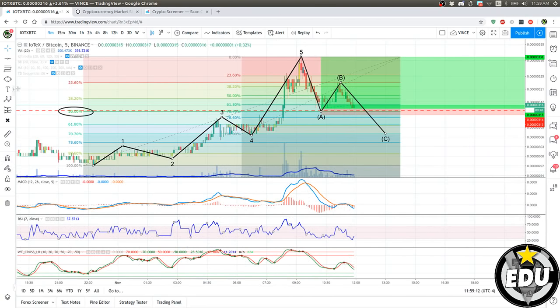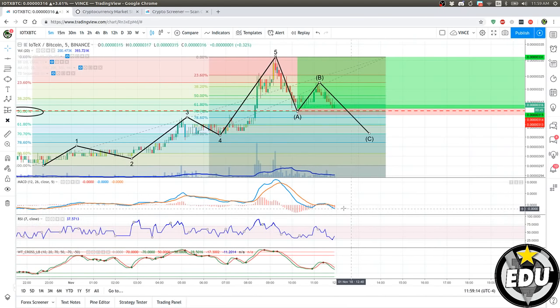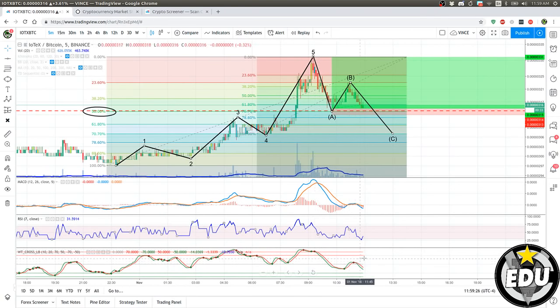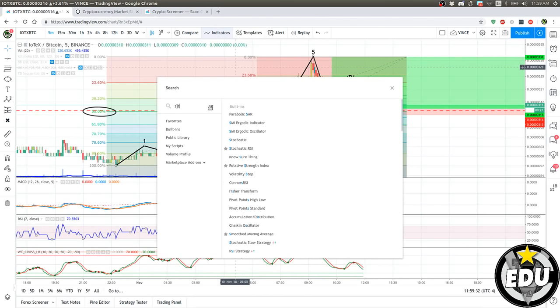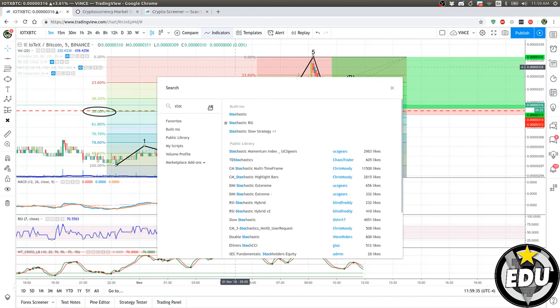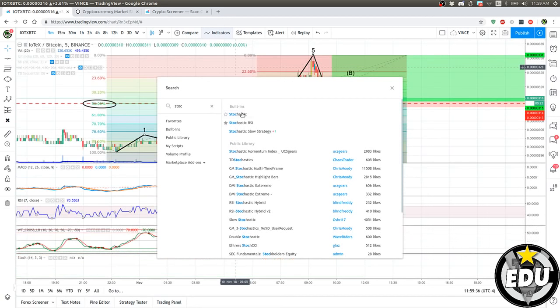MACD is low, but again, it's a lagging indicator, so the cross we'll see later on if this coin goes up. And then I have here the WT cross, which is almost like a stochastic.